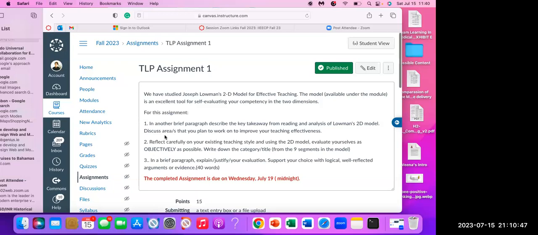So you will read that article. The key takeaway for the reading analysis of the 2D model discussion in the area. Plan the work on improving your teaching effectiveness, reflect carefully on your existing style. So you have to pick one of the 9 tiles that are there, and don't start explaining what it is.